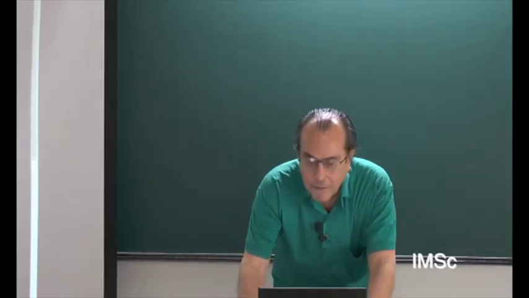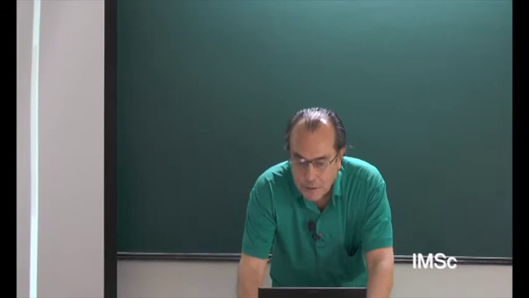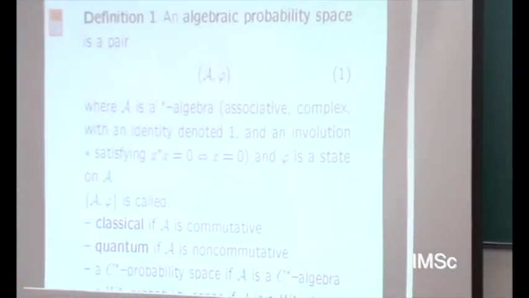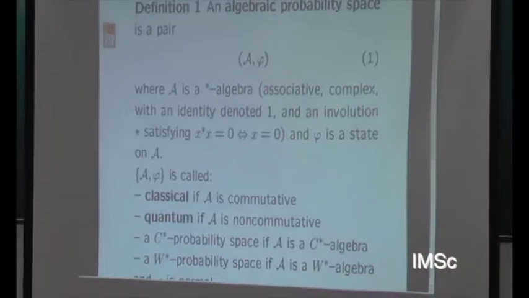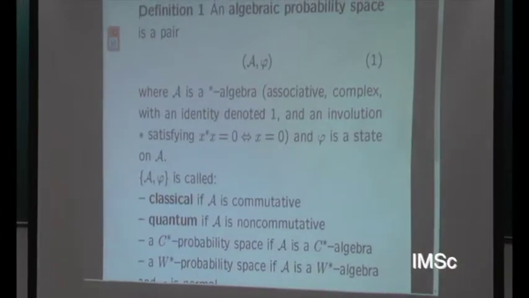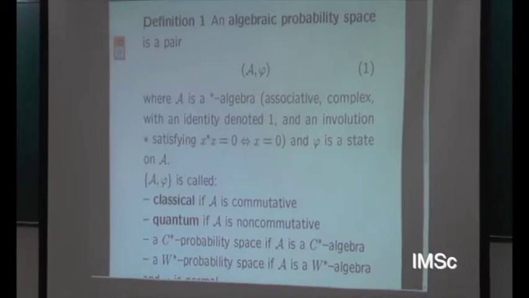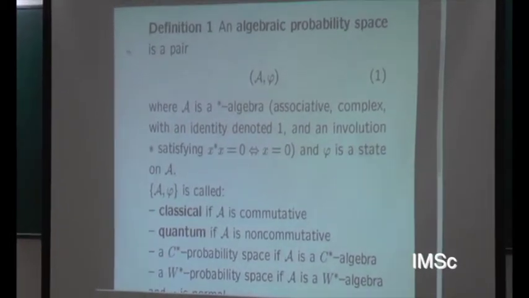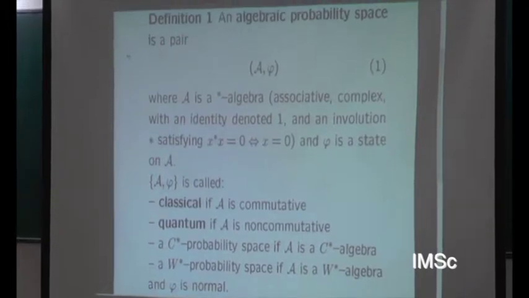So this justifies the first definition that we will give. I have tried to reduce definitions to a minimum, so you immediately get to the basic ideas with a minimum of notation. However, a minimum of notation is necessary.